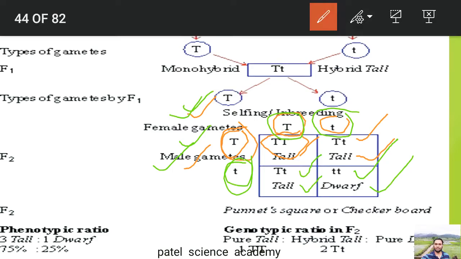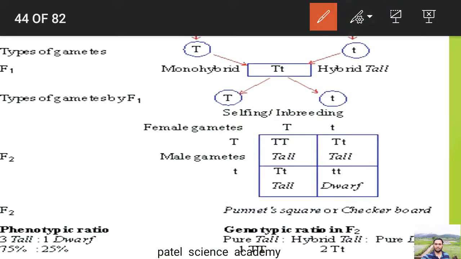So dear students, you can see here we have got 4 results, and out of that 4, 3 are tall, out of which number 1 is pure tall, and numbers 2 and 3 are heterozygous tall, meaning they have the small t too, and 1 is dwarf.